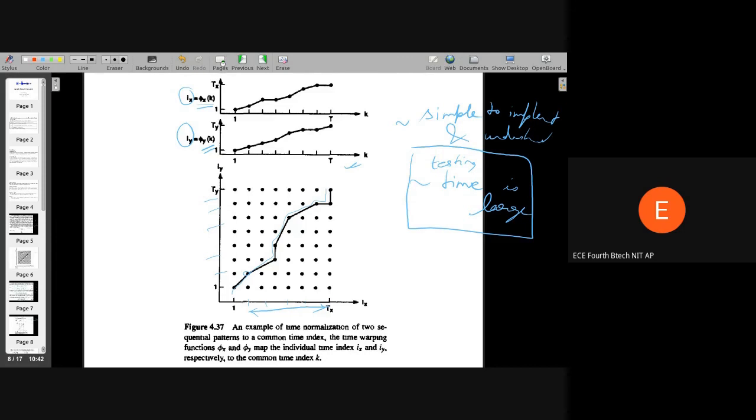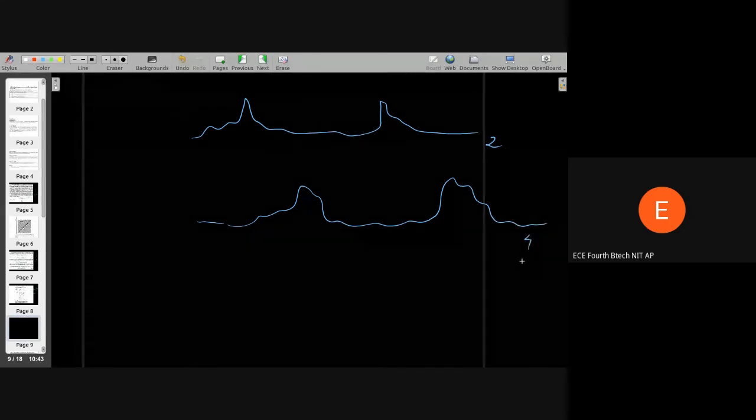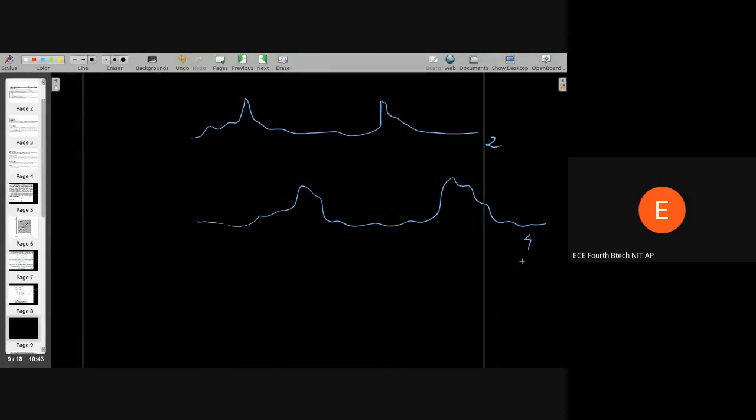Now, there are other disadvantages as well, which you can imagine. Suppose somebody is uttering the same speech in 2 seconds, and somebody else is uttering it in 4 seconds. He's a slow speaker. Then simple DTW, which at every point of time considers three different paths, might not work, because one is quite a long sequence compared to the other.